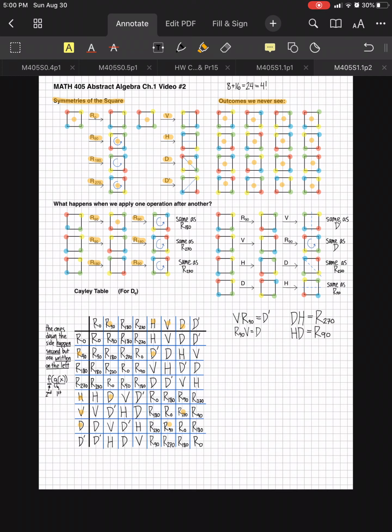Your elements are numbers, what you do to them is add them. Or your elements are numbers, what you do to them is multiply them. But you can get into some complicated things here, like rotations and flips like we see here. You can get into dealing with matrices. There are a lot of different versions of this, and not all of our normal properties always work. This is an example of a place where our normal commutative property doesn't work.